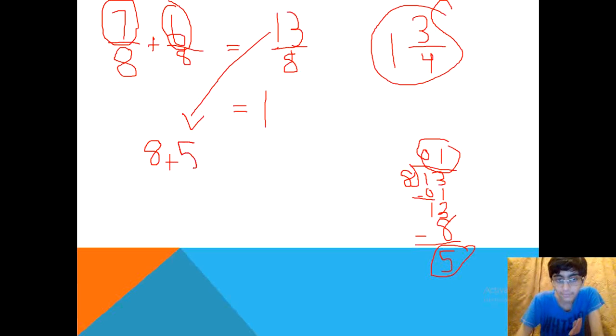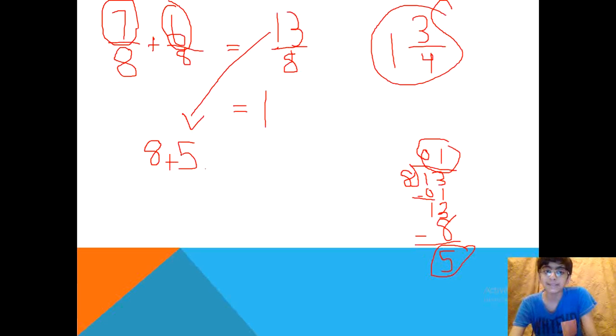Because in this one whole represents 8. When we multiply the number of wholes with the denominator, we know how much we have cut out from the numerator, and then we can reach the real numerator, and then we have the remainder as 5.